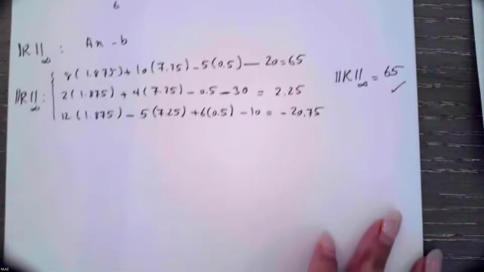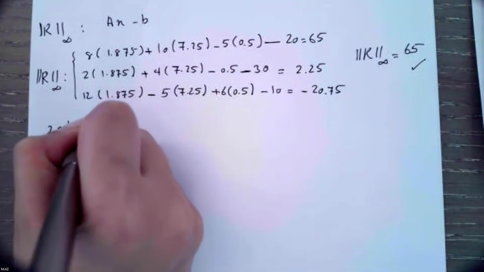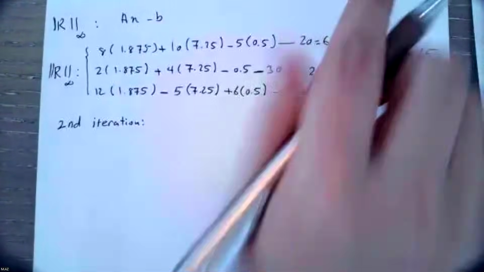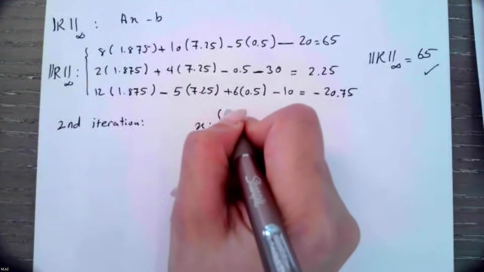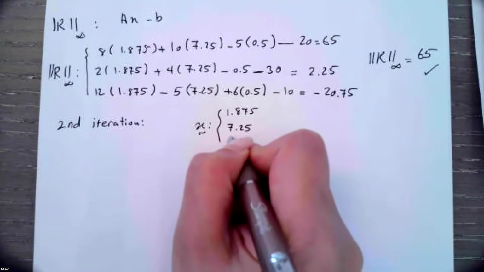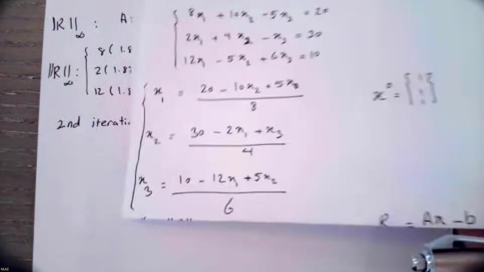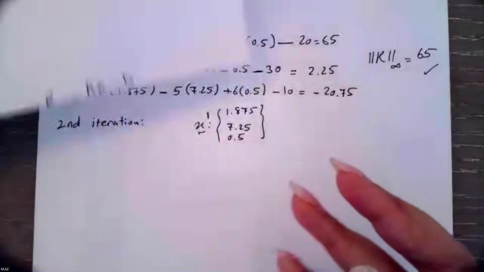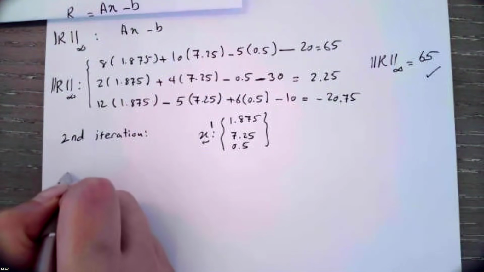For finding the x1 for the second iteration, we are using the vector of the x for the first iteration and plug it into these three rearrangements.